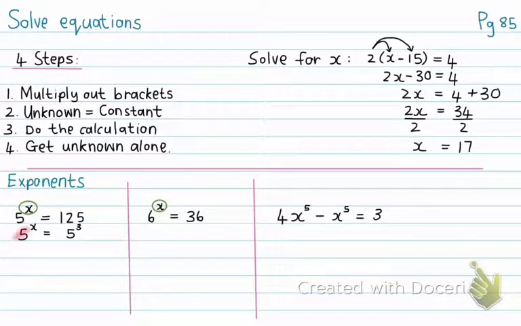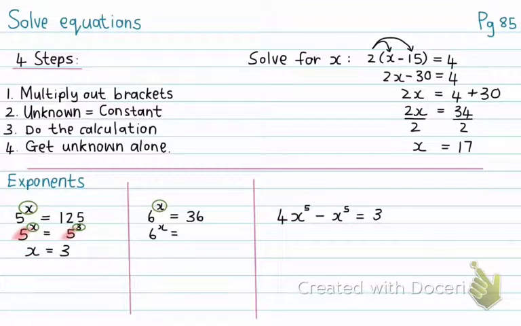Now, when I have my bases the same on both sides of the equal sign, I can throw them away and just keep the exponents. Alright, so then it's easy. I know that x will then be equal to 3. The same with the second example. 6 to the power of x is equal to 36. Now x is the exponent, therefore I have to write everything in exponential form.